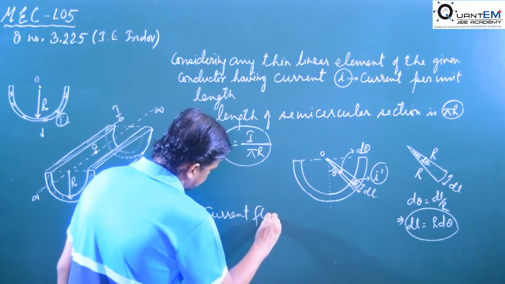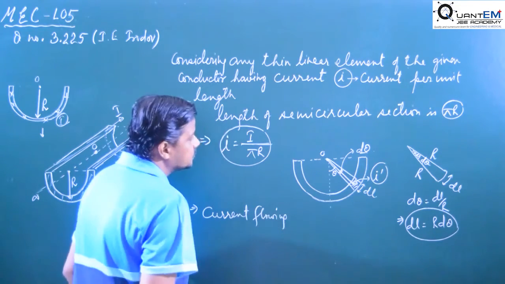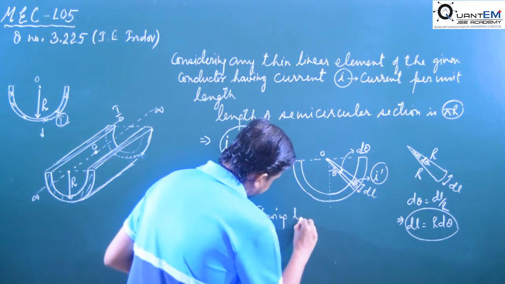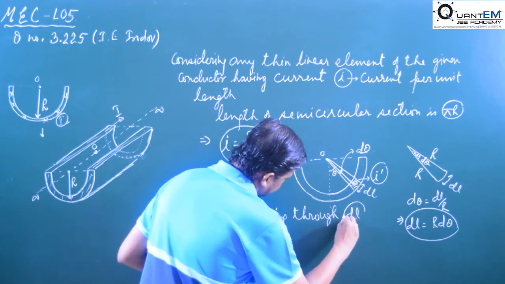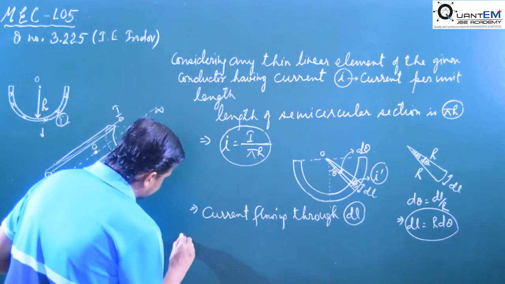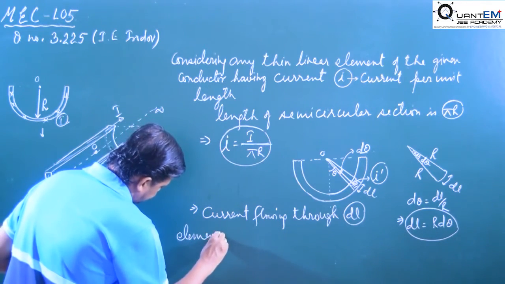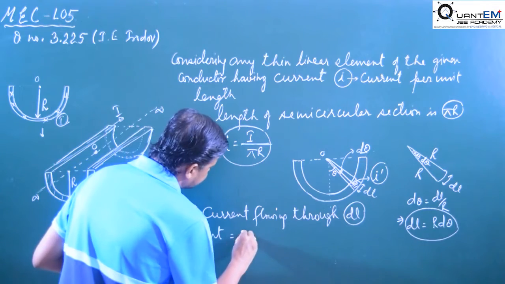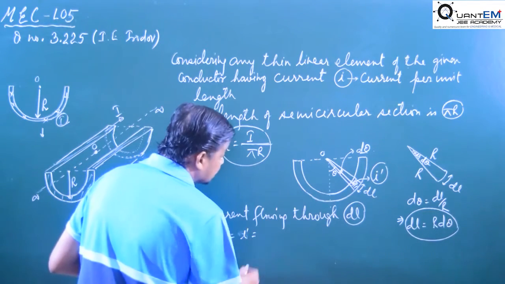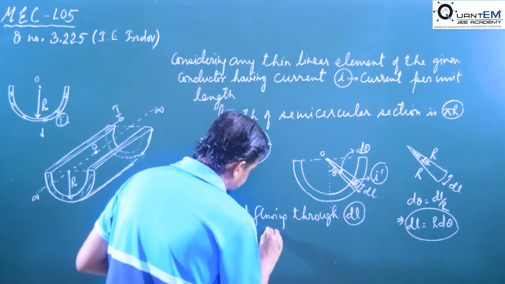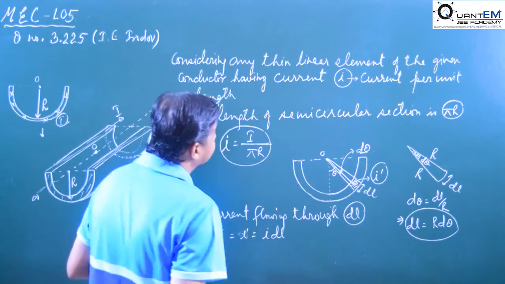Current in this part, it implies that the current flowing through the dl element of the conductor, that is I dash, is equal to current per unit length into dl length.